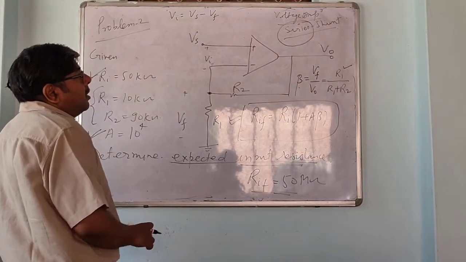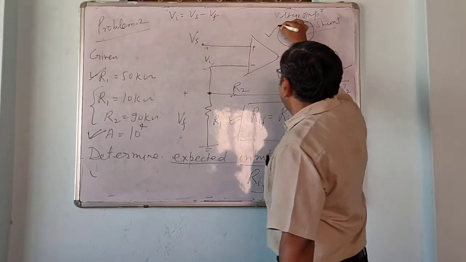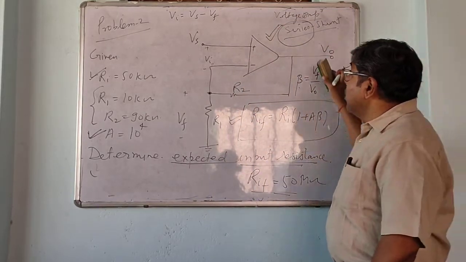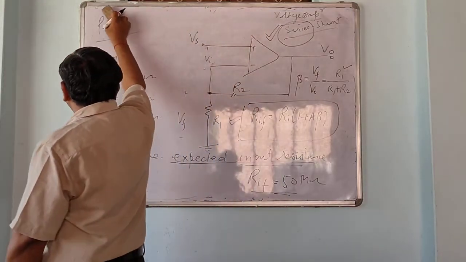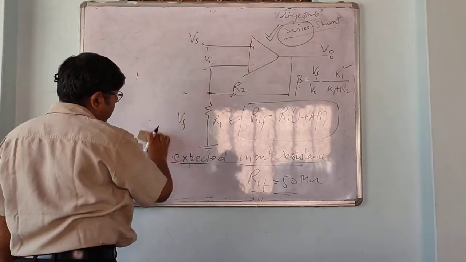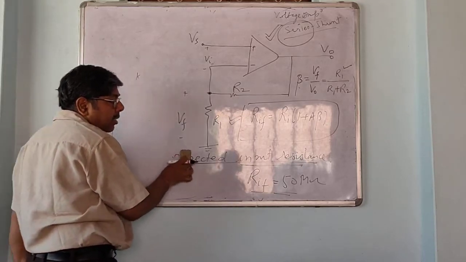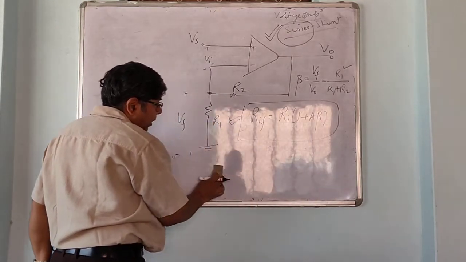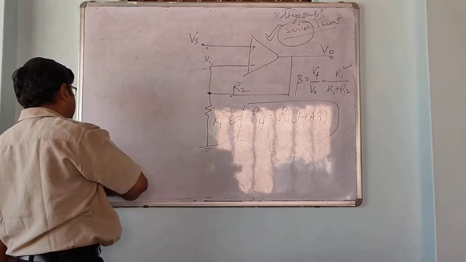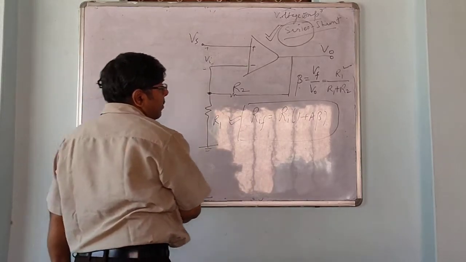So the main thing is which type of topology is used. On that basis, we will decide input and output resistance. The rule is simple. If there is a series connection, then resistance is increased by a factor equal to the amount of feedback.